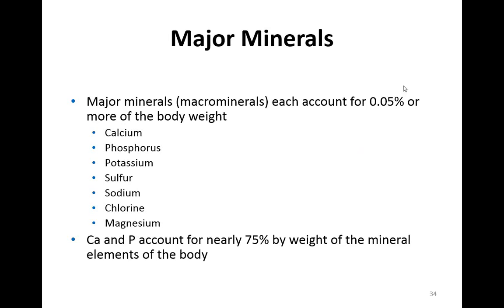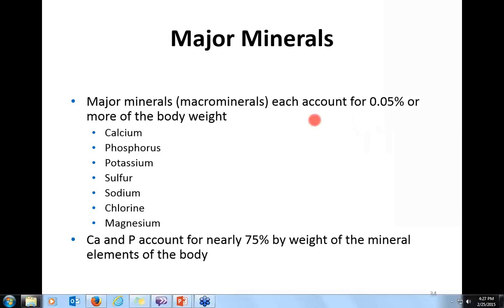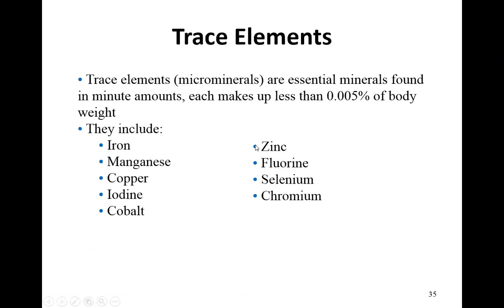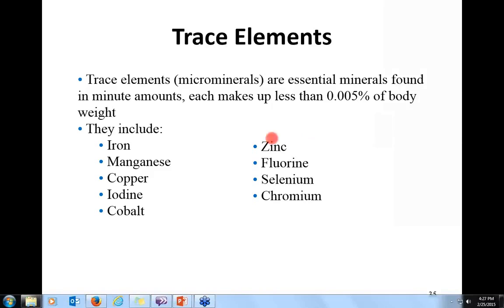You have major minerals, the ones that you need the most of, and those are listed here. Most of these you've encountered before. And again, calcium and phosphorus are the most. Trace elements are things you need in smaller amounts.